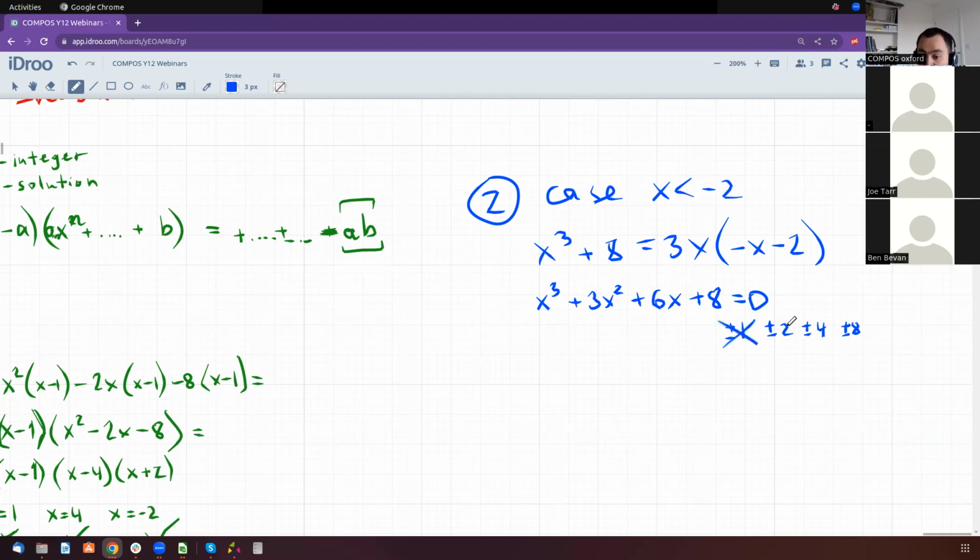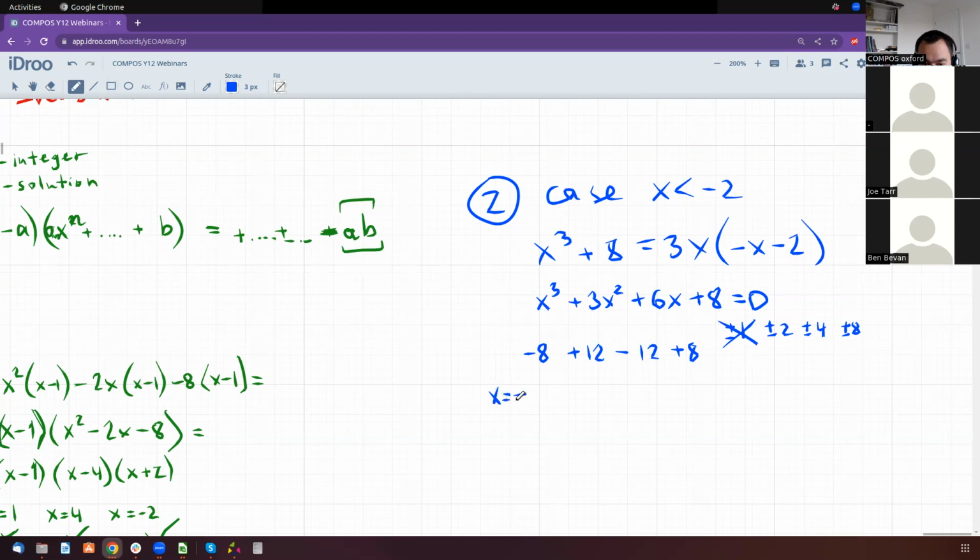So -1 is not suitable. Let's try -2: that's -8 plus 12 minus 12 plus 8. Perfect. So -2 is a solution.